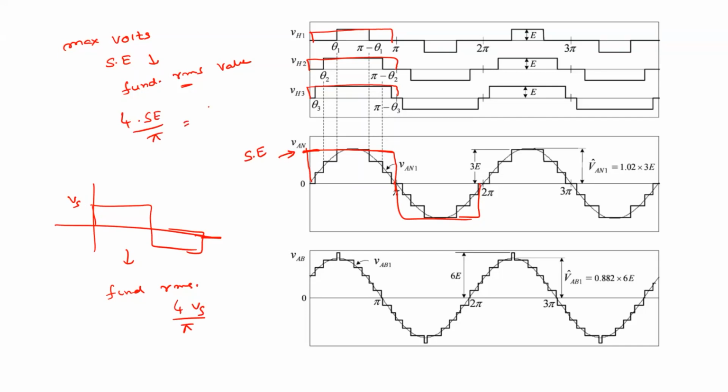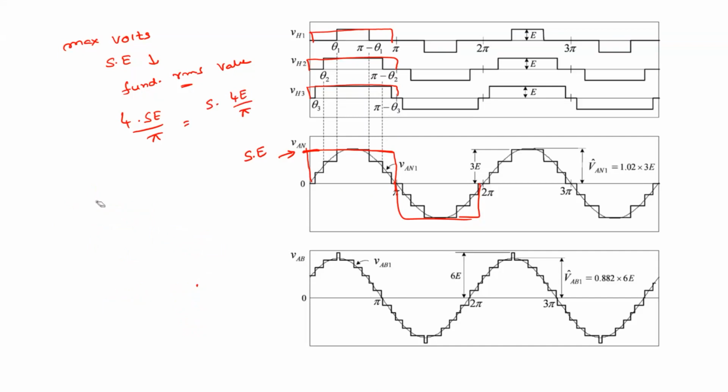In other words, S into 4E by pi, where S is the number of H bridges, and 4E by pi is the maximum fundamental RMS value of each H bridge. So how do you define this MA value?